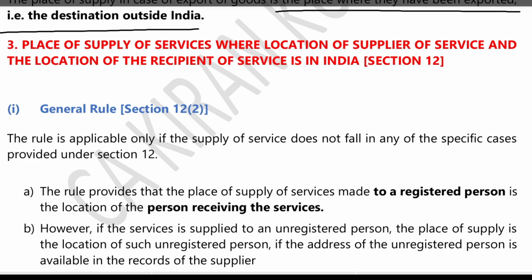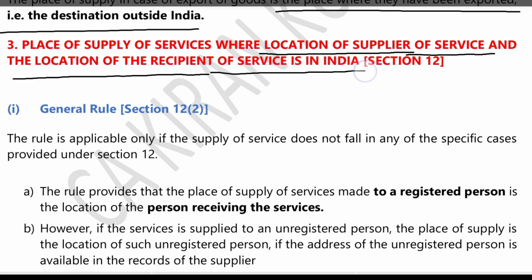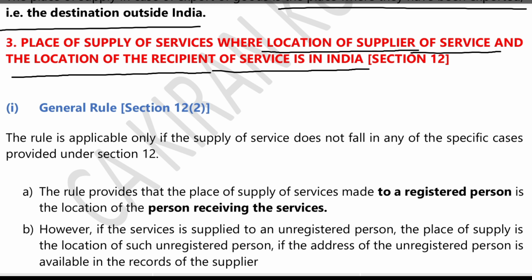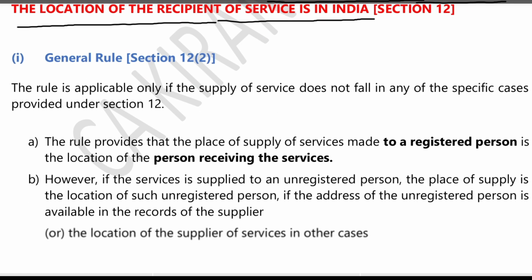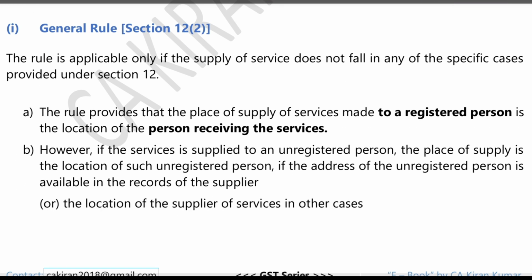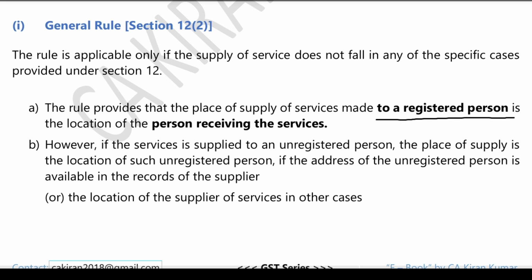Now we are moving to the third category, that is place of supply of services, where the location of the supplier of service and the location of the recipient of service are both in India. In this case the general rule is: if the services are provided to a registered person, then the location of the recipient of services will be the place of supply.